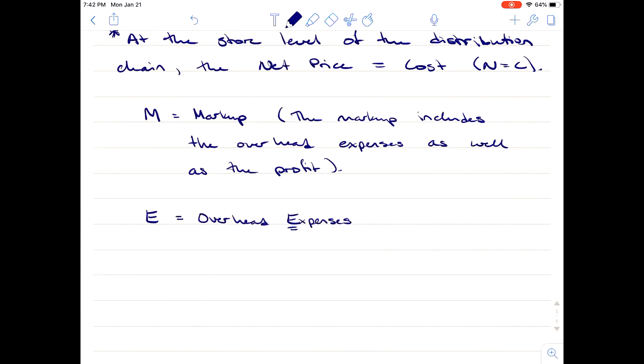O was probably taken for something else, but also we don't want to use O's because they look so much like zeros, and so that's probably why we've used E's instead. So just think expenses.